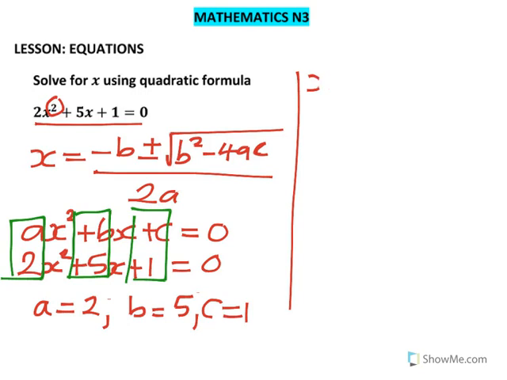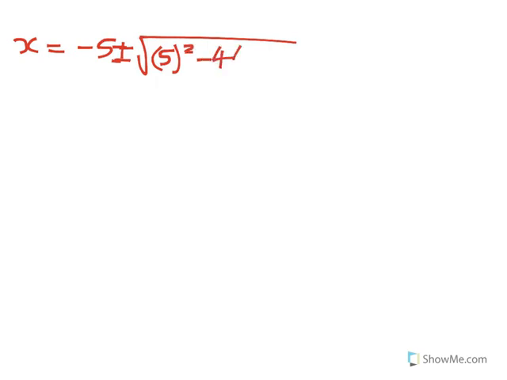So now I'm going to have x is equal to, if I put it in my equation, minus 5, plus or minus, I think I won't have enough space, let me take it to the next side. x is equal to minus 5 plus or minus square root of 5 squared minus 4.